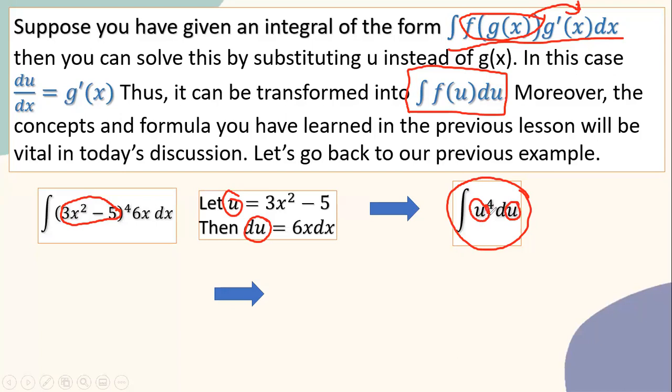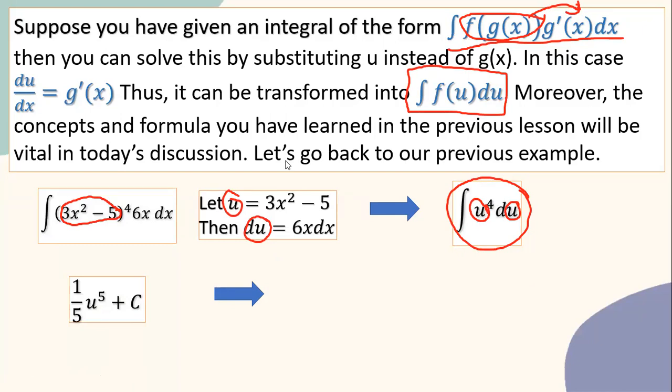Of course, yung pinaka-function natin, parehas yung variable and then its derivative. Derivative ni u, kailangan meron siyang kasamang du. Hindi po pwede na integral of u to the fourth, tas ang kasama niya ay dx. So the integral of u to the fourth du is 1/5 times u to the fifth plus c.